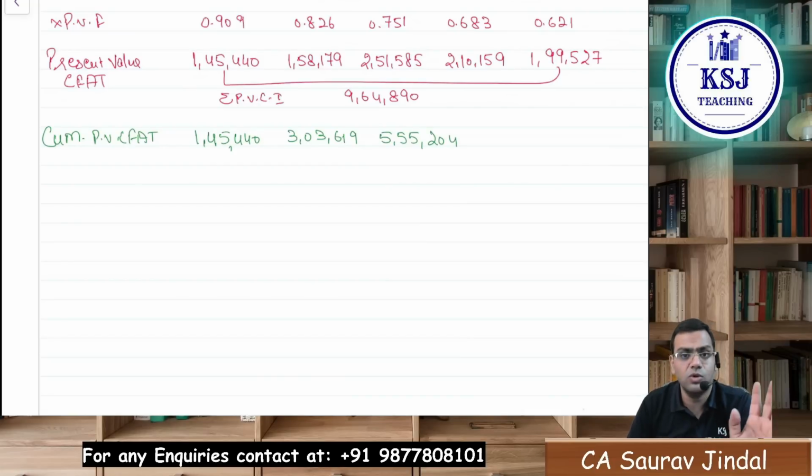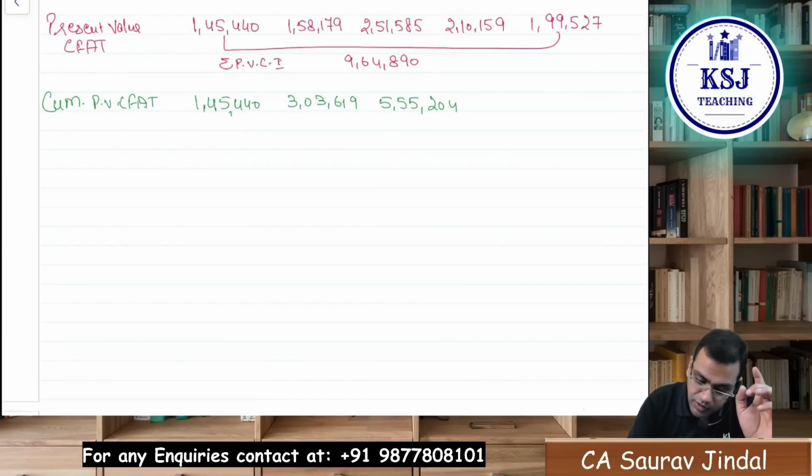I need this much only. Why? What is the amount that is to be recovered? The amount to be recovered is 4,90,000.